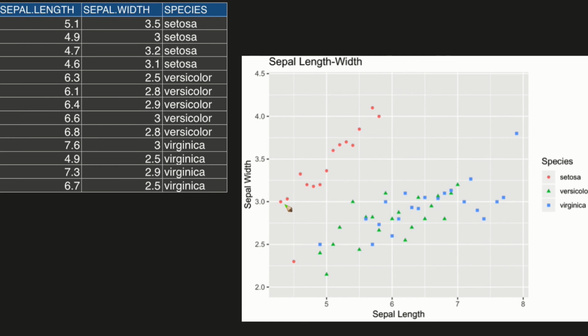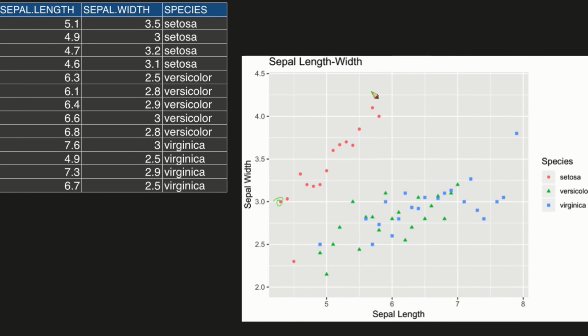And so every single one of these dots represents one data point. So here is a sepal that was measured for length and width, and its width was 3 millimeters, and its length was about 1 or 2 millimeters. And so you can see the trend here.